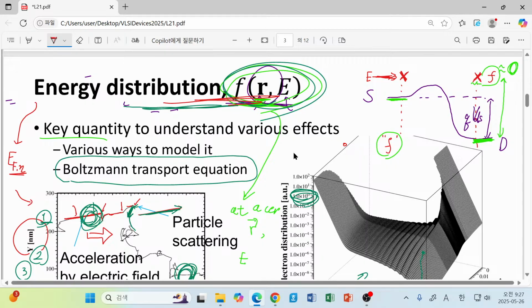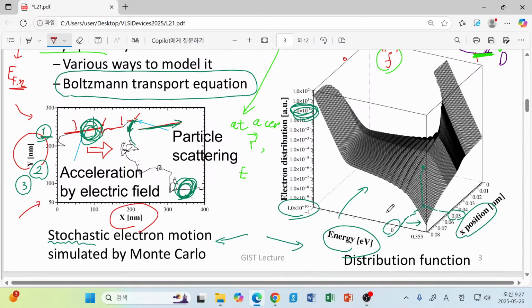So please note that now you are looking at a certain distribution. Please fix a certain position. Your R is now fixed to, for example, the drain side, and you only concentrate on the energy variable. Then how does it look? Then you can find this kind of behavior.